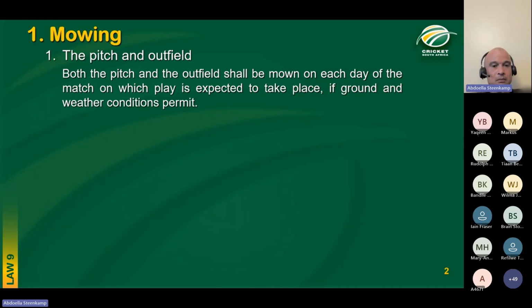So before day 1, the curator will prepare the pitch, but this is now day 2, day 3, day 4, and day 5 of our Test match. The law tells us that both pitch and outfield need to be mown on each day. Why? We need to try to keep the conditions the same over the 5 days. Yes, I know the pitch will deteriorate over 5 days, but that's natural deterioration.